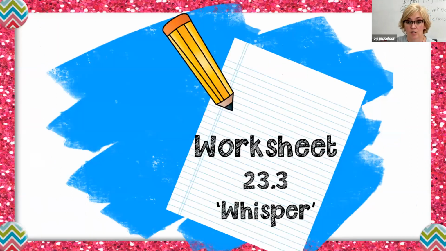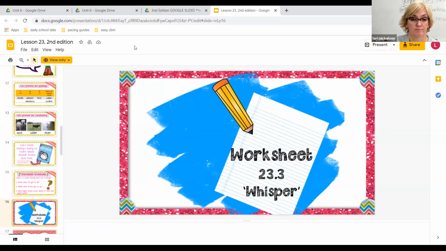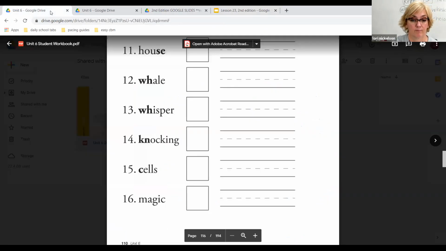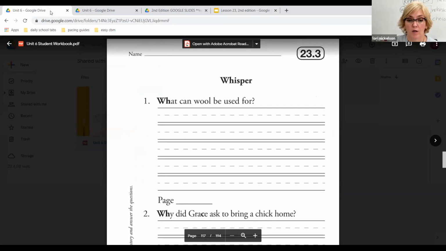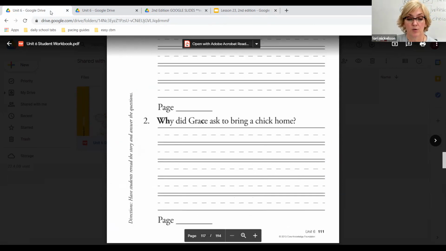So let's look at worksheet 23.3. Let's move on here. 23.3. What can wool be used for? We named 3 things that we could use wool for. Number 2, why did Grace ask to bring a chick home? What did she want to do with the chick? She wanted to make it a what?